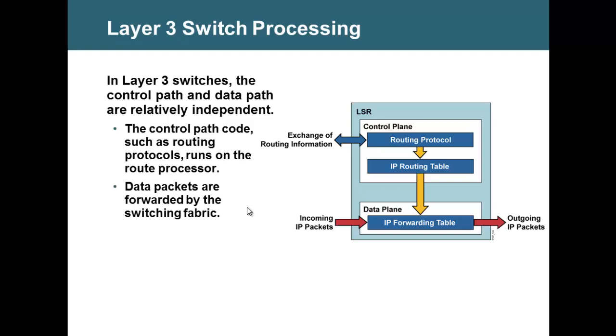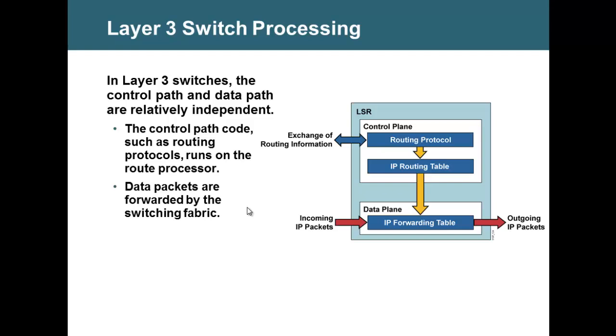So we have two different planes in a router, in a layer 3 device. Whenever an IP packet comes in, the packet goes and checks with the control plane how it needs to be treated. It asks the control plane, how should I treat this packet?